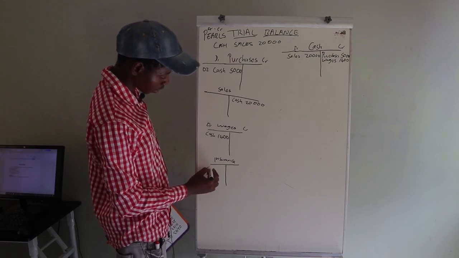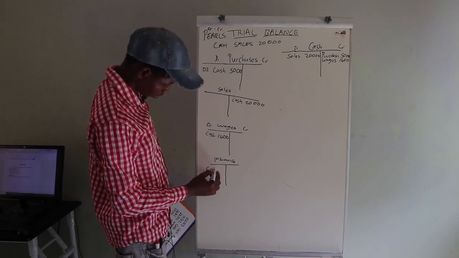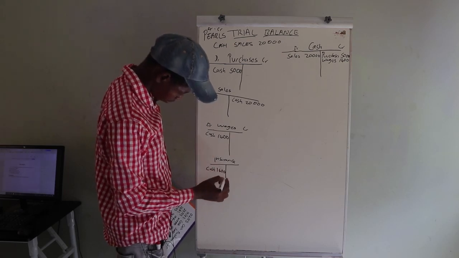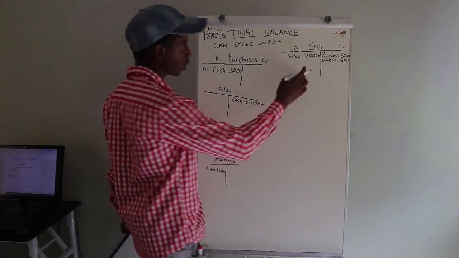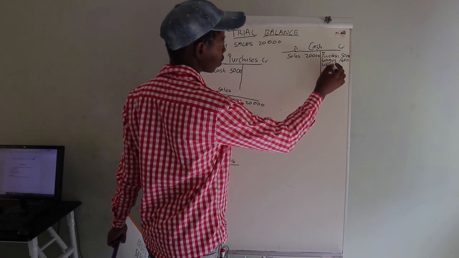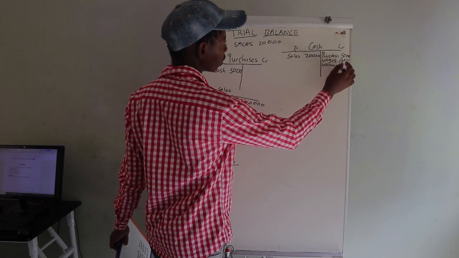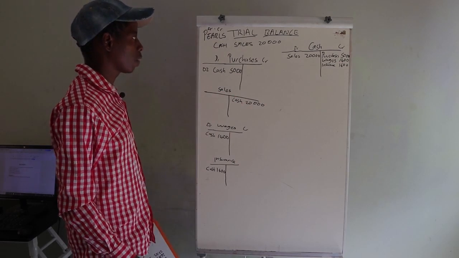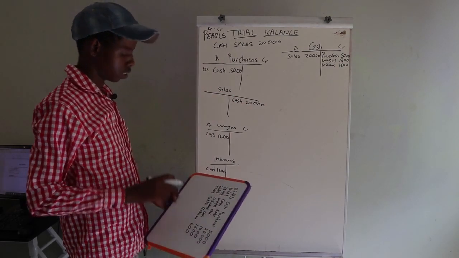So we're going to write cash 1.6. Right. We come to cash, we write insurance 1.6. Right.